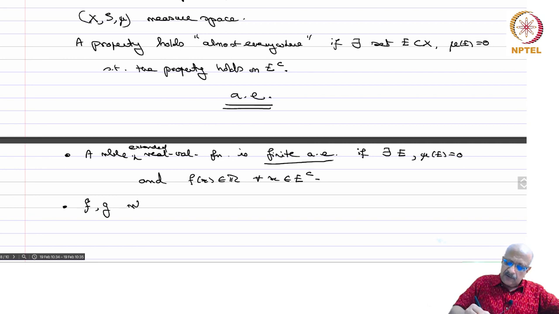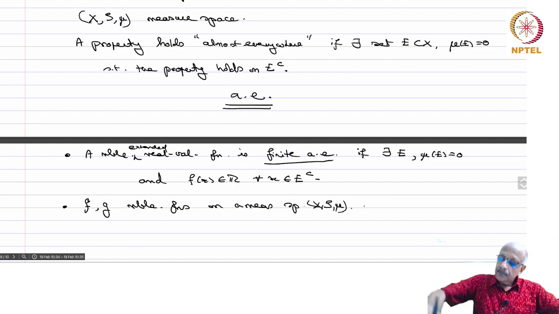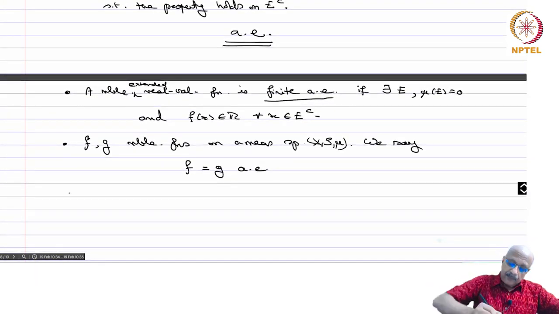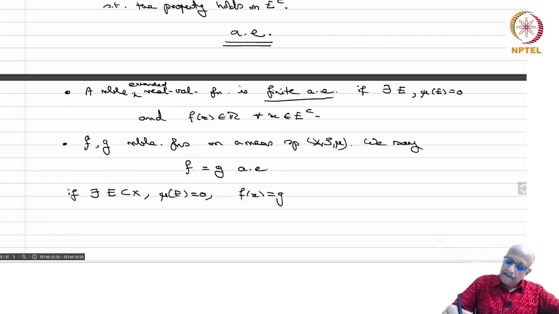For f, g measurable functions on a measure space X, S, mu, we say f equals g almost everywhere if there exists E contained in X, mu of E equal to 0, and f of x equals g of x for all x in E complement.